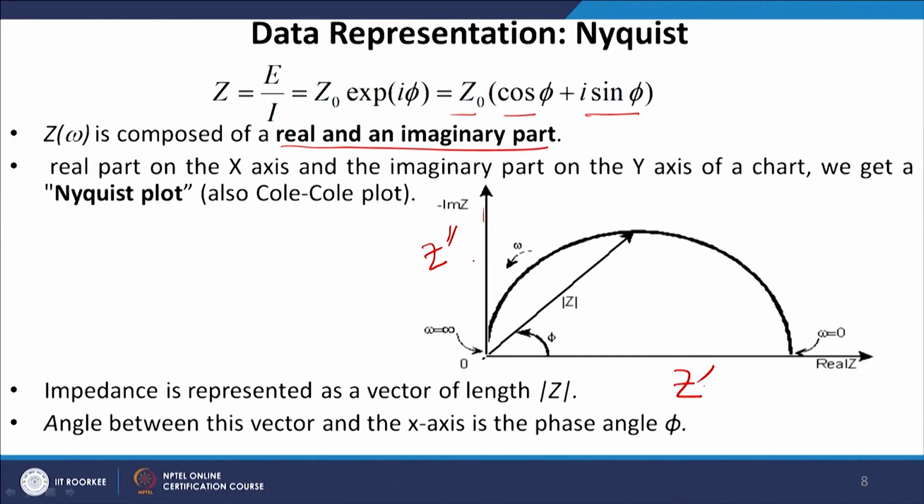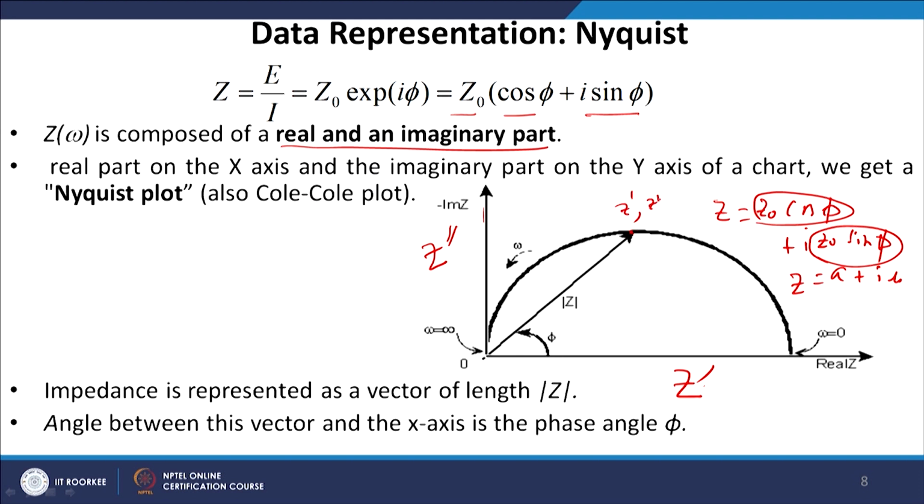Impedance is represented as a vector of length z. Let us say I have a complex quantity z equal to z naught cosine phi plus i z naught sin phi. You compare it with z equal to a plus i b. So, this is the real part a and this is the imaginary part b. Now if I plot a diagram of the real and imaginary part, I will get a point which corresponds to z prime and z double prime.